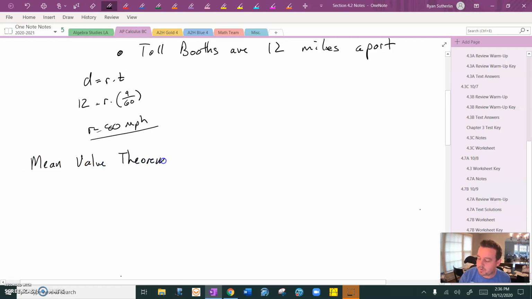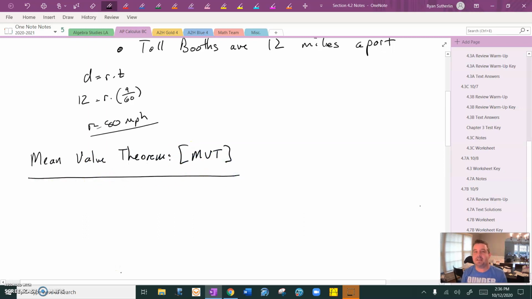So the mean value theorem, which we abbreviate most of the time as the MVT, goes along with the IVT and the EVT. And so, hypothesis. What's the beginning? What needs to happen? Let's say we have a function.